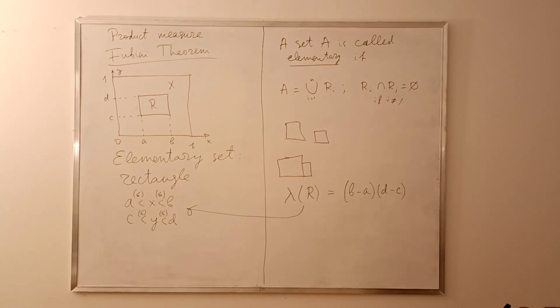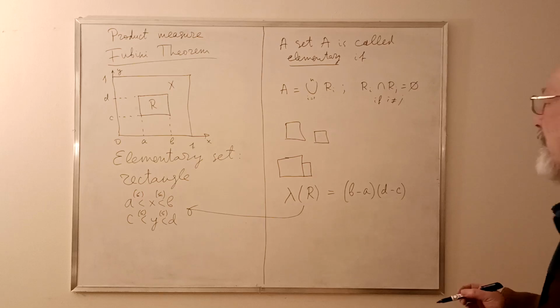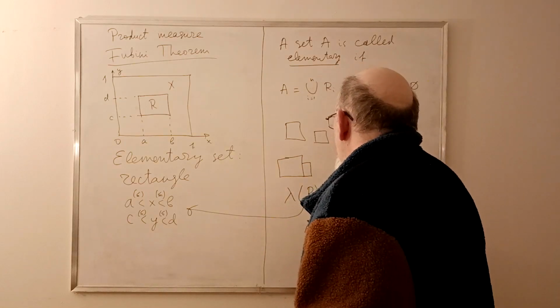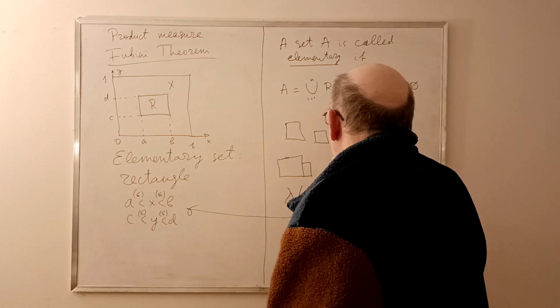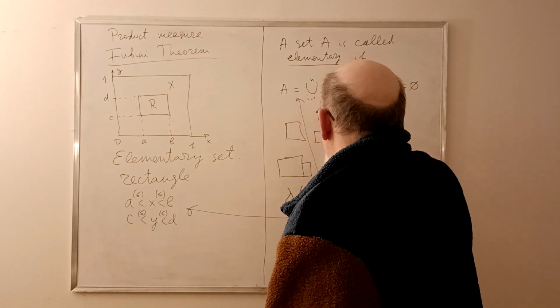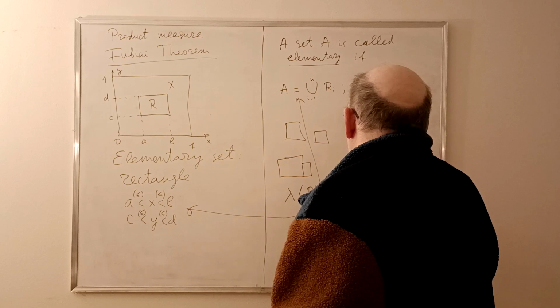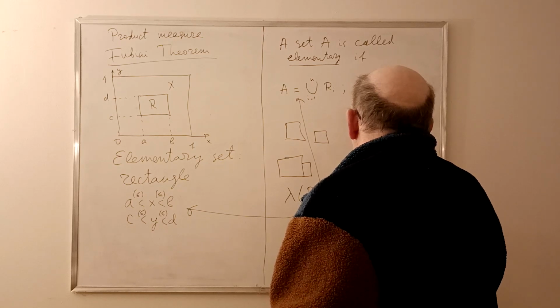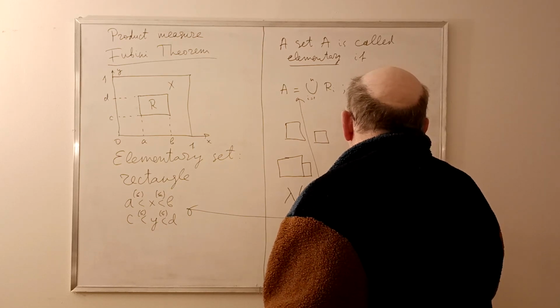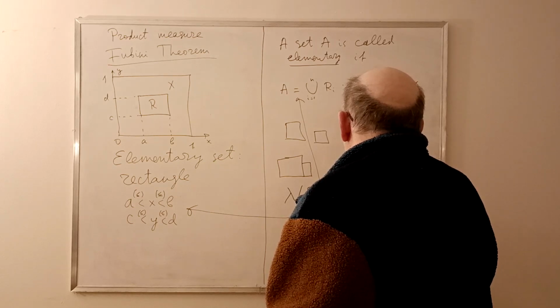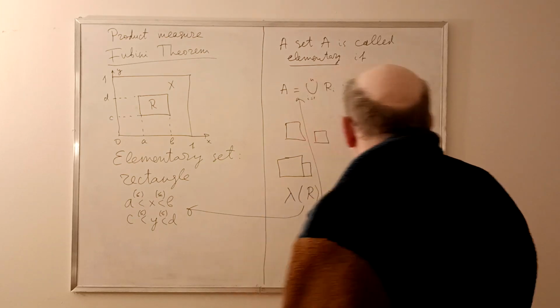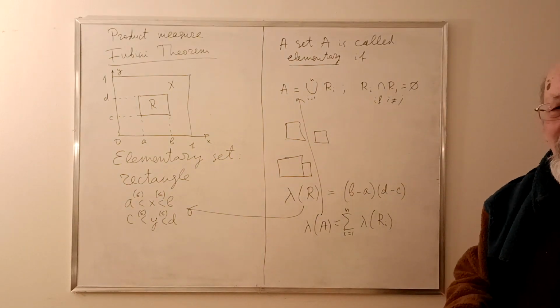And now I define lambda of A, where A is this set, equal to the sum of lambda of Ri, i from 1 to n, if these Ri are disjoint.